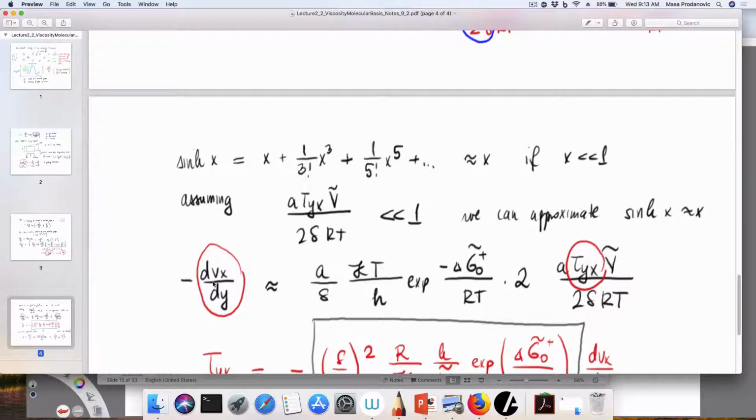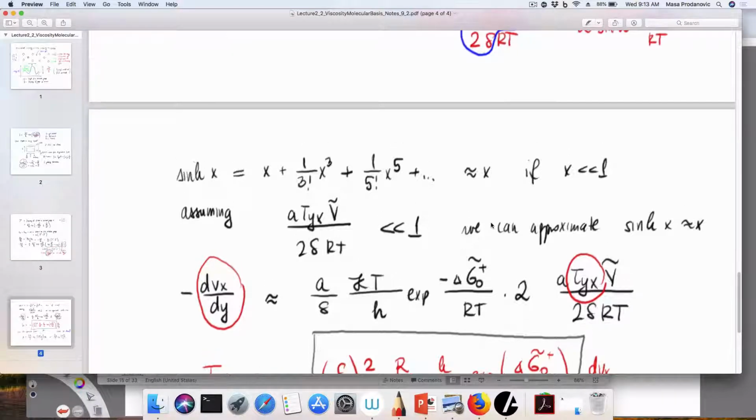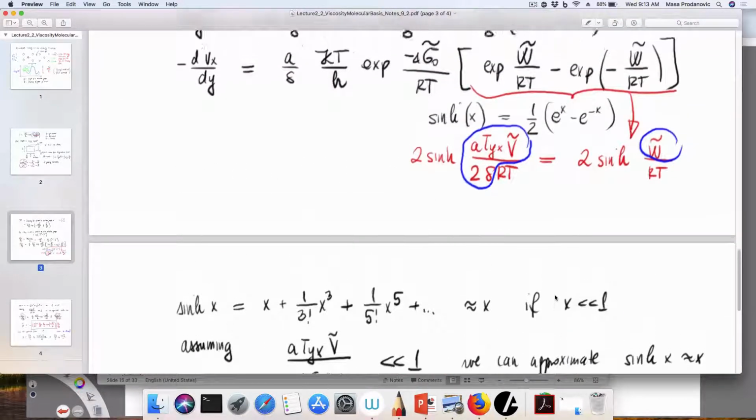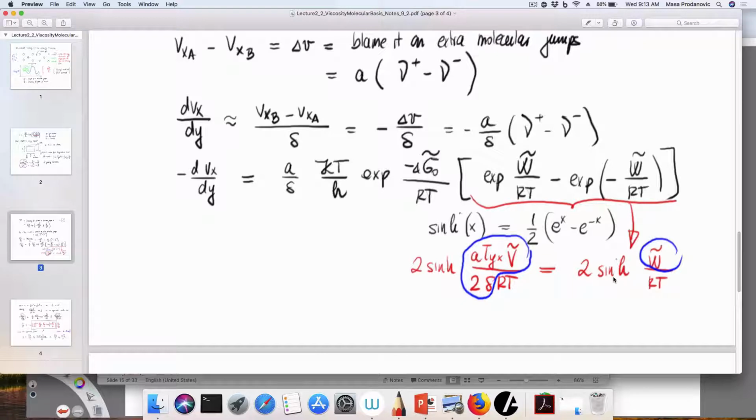Now, the second thing that we're going to look into. When I actually look at the expression in itself, which is this one, and there was a sinh here, that is a nonlinear relationship. Maybe I should just rewrite it, but essentially I have dvx/dy on this side. I have various parameters that depend on the liquid itself, temperature, these are constants.